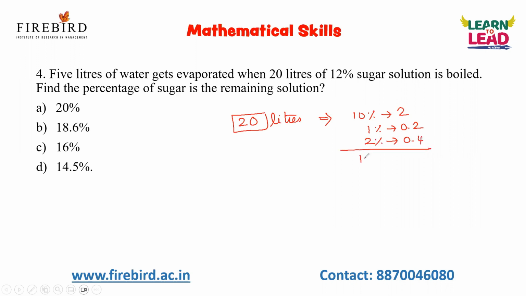So in total 12% will be equal to 2.4. Find the percentage of sugar in the remaining solution. Remaining 15 liters are there. So 2.4 by 15 into 100, which gives 16%. Okay, so you got some ideas, right?